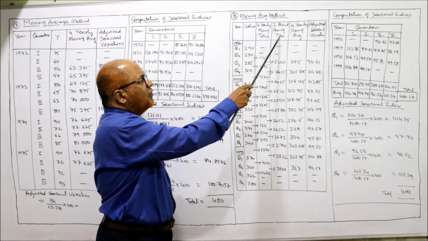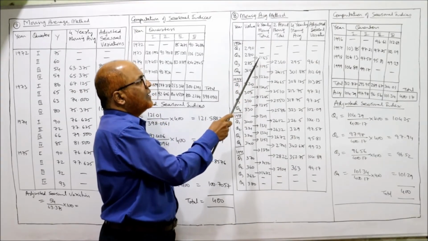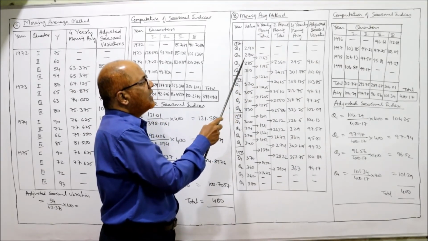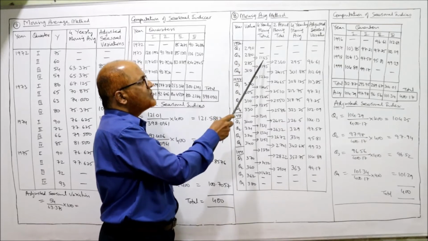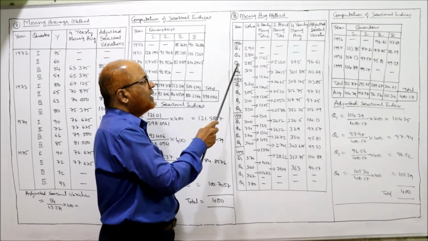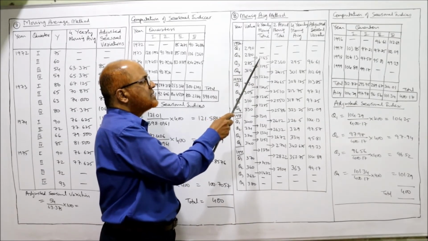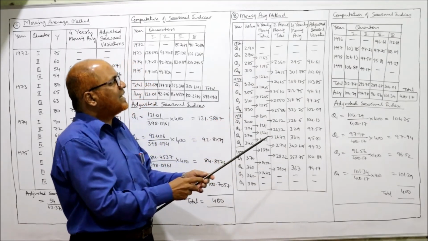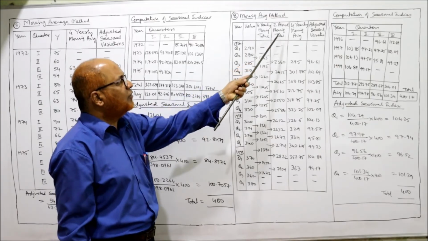Now the 2 period moving total, because it is not centered. This 1165 does not relate to a particular quarter. It is falling in between Q2 and Q3. To make it centered, we make a 2 period moving total.